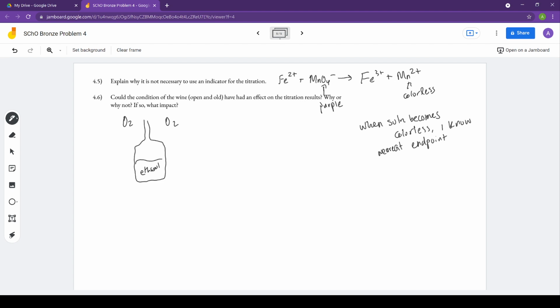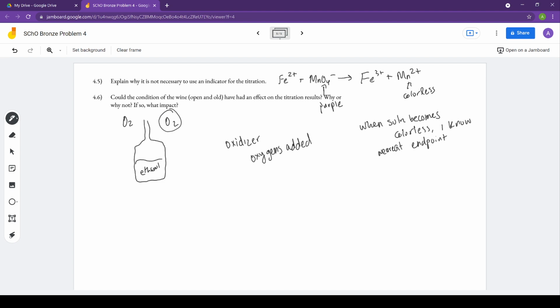And oxidants, right? When we talk about an oxidizer, the reason we call it an oxidizer is that originally it was thought to be adding oxygens. And a really common oxidizer is the oxygen in the air.